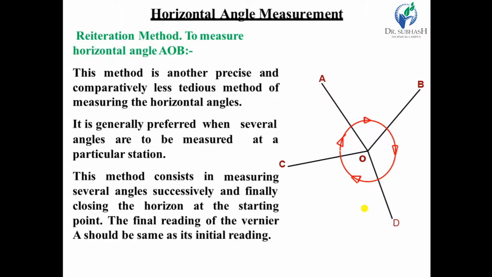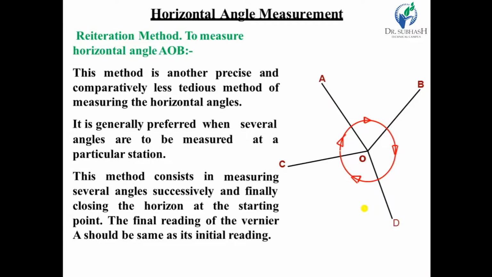Now we are moving to the reiteration method to measure the horizontal angle. This is another precise and comparatively less tedious method of measuring the horizontal angle. It is preferred when several angles are to be measured at a particular station.